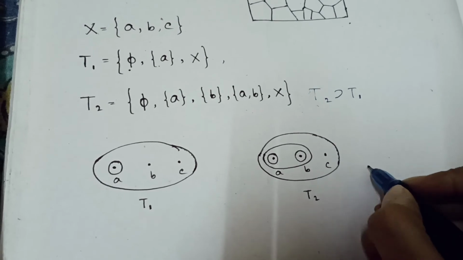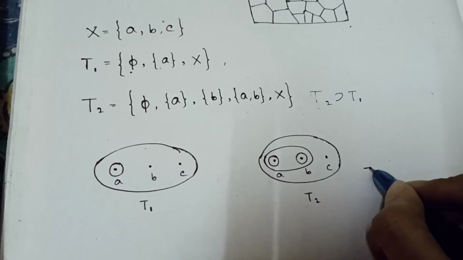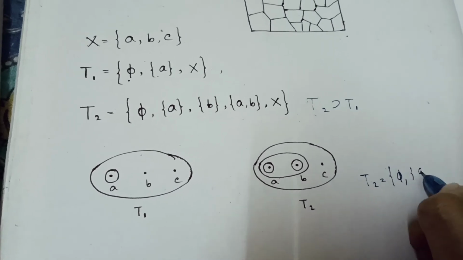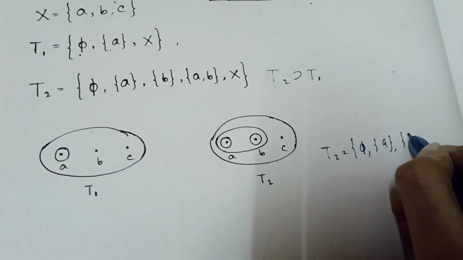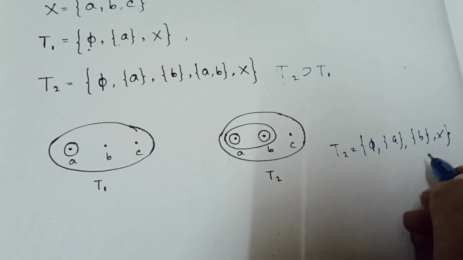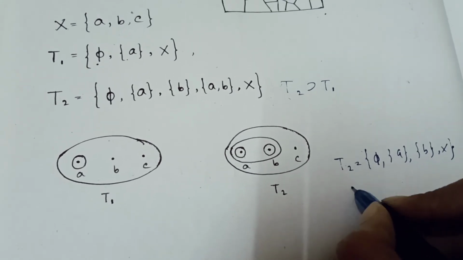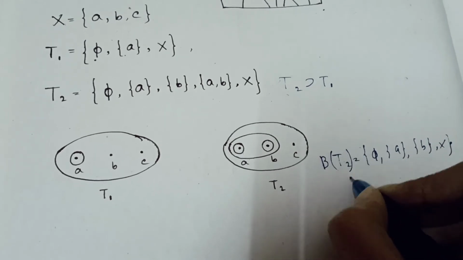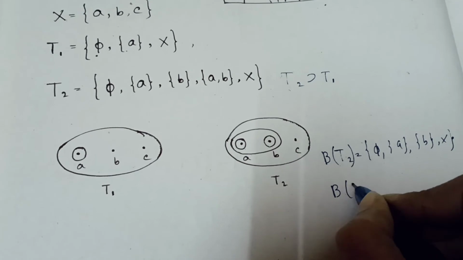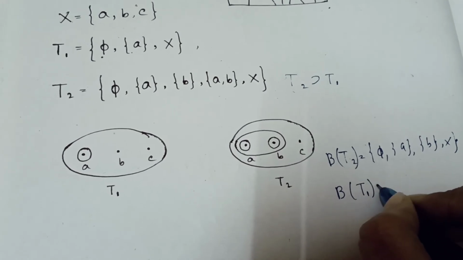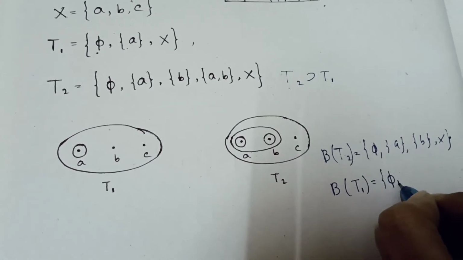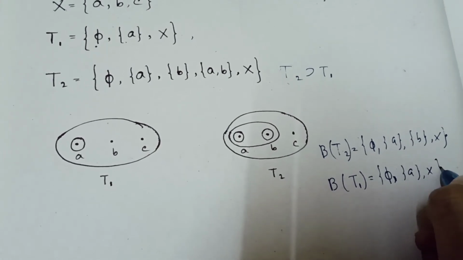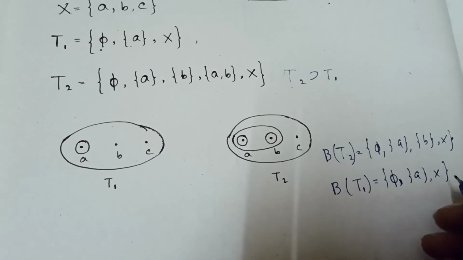If we consider the base of T2, it will become phi, {a}, {b} and X. But if I write the base of T1 as B of T1, it is phi, {a} and X, that is T1 itself, right?